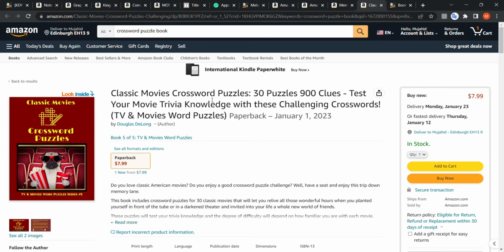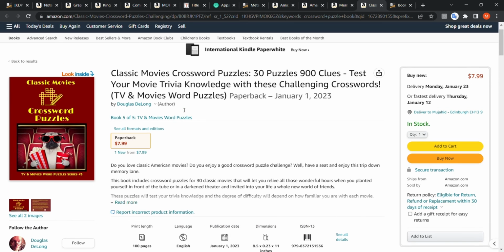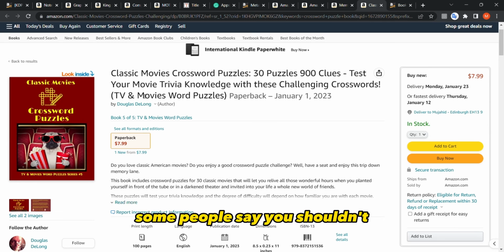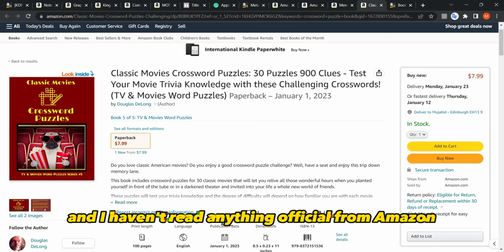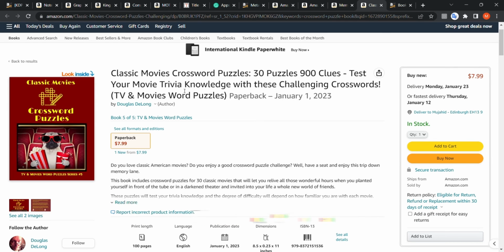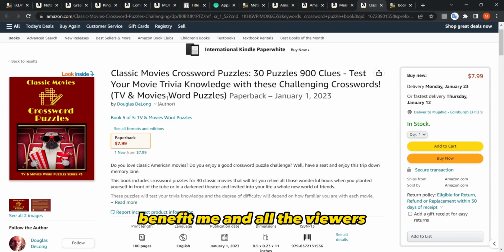So you may ask, should I include the size, for example, of my book on the title, or should I include the number of pages? To be honest, I'm not sure about that. Some people say you should, some people say you shouldn't. I can't tell you, and I haven't read anything official from Amazon about this particular question. So if you know, write down in the comments, benefit me and all the viewers.